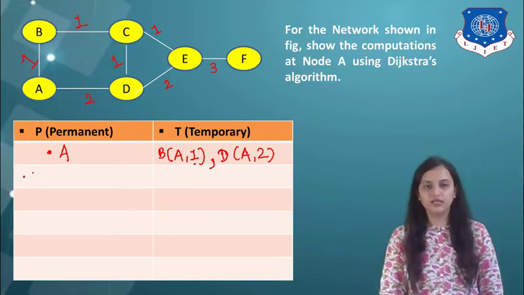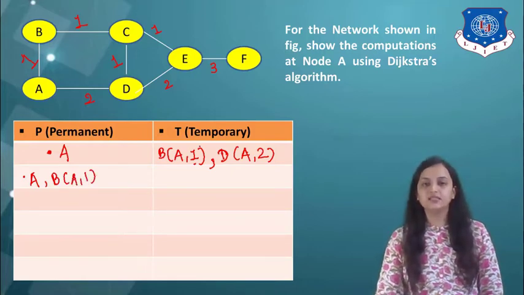So the next over here is B, A, comma 1. Okay. Now as this node B is moved on the permanent side, we need to carry forward the remaining one on this. That means D, A, comma 2.